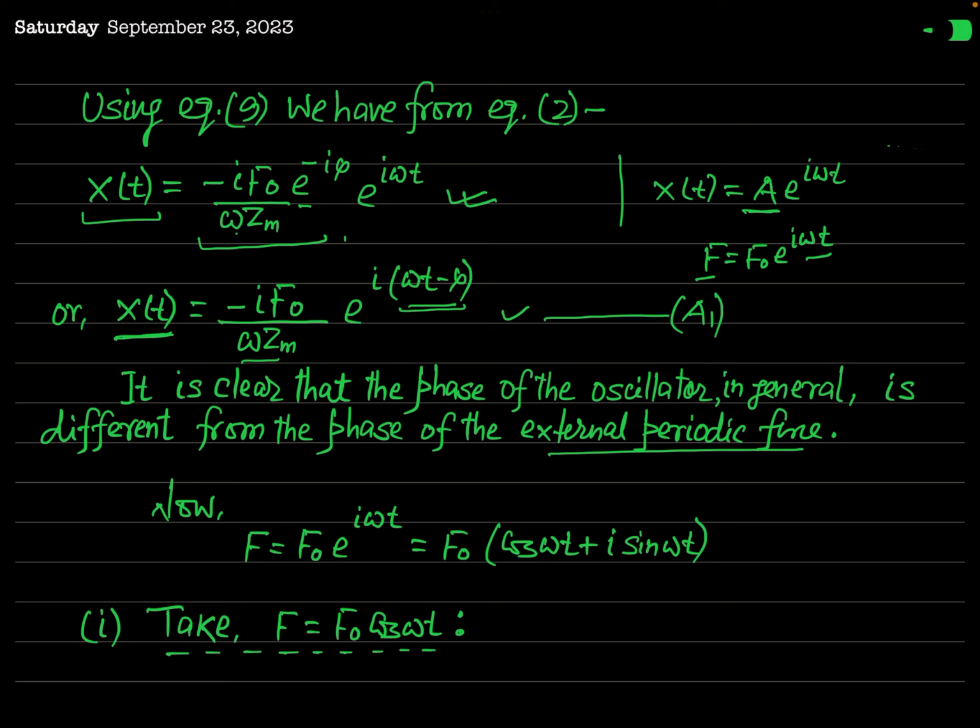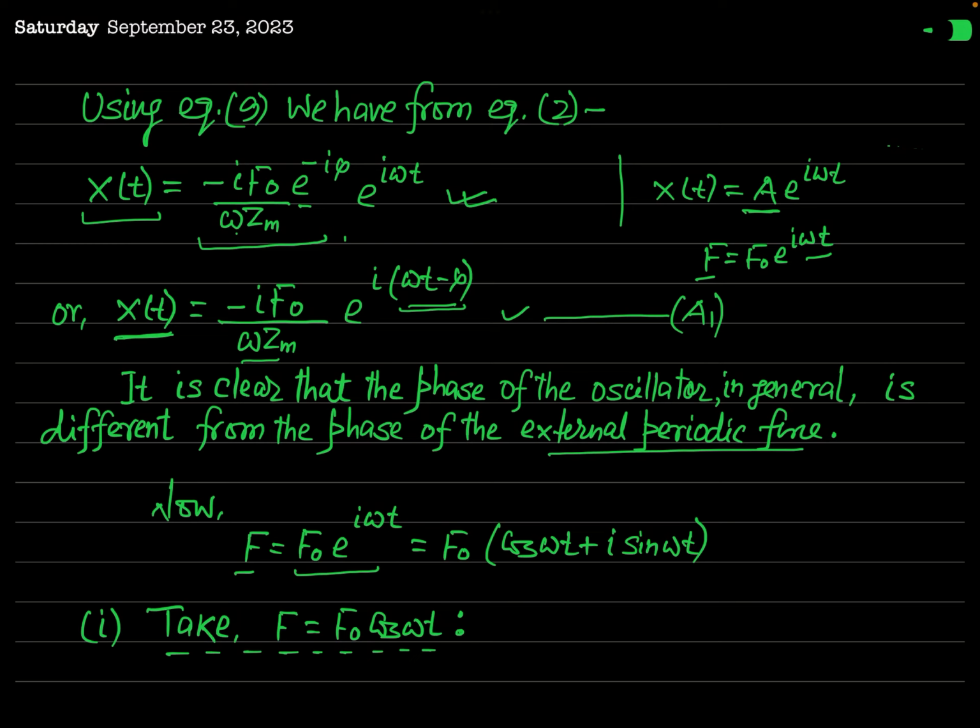Now, what will be the phase difference between the applied force and the motion of the oscillator? We can find it by taking the real and imaginary parts of this force. You know F is given by f naught times e to the power i omega t.